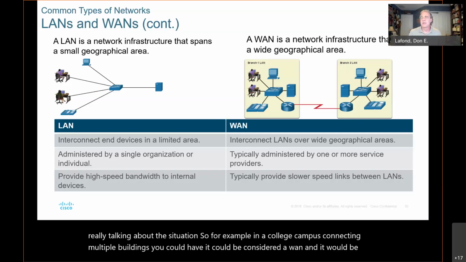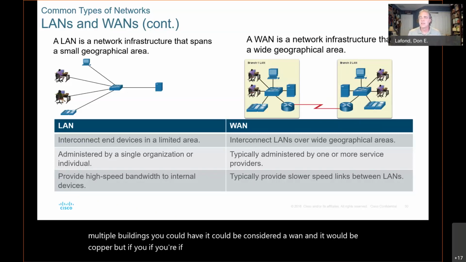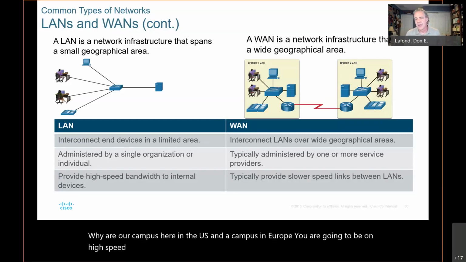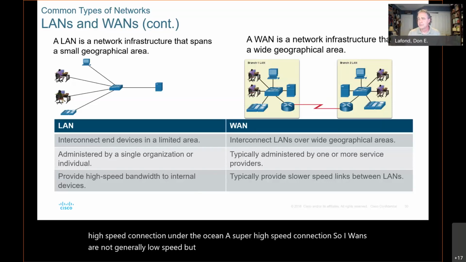But if you're going between states, or between a campus here in the U.S. and a campus in Europe, you are going to be on a high-speed connection under the ocean, a super high-speed connection. So WANs are not generally low speed, but they can be slower speed.